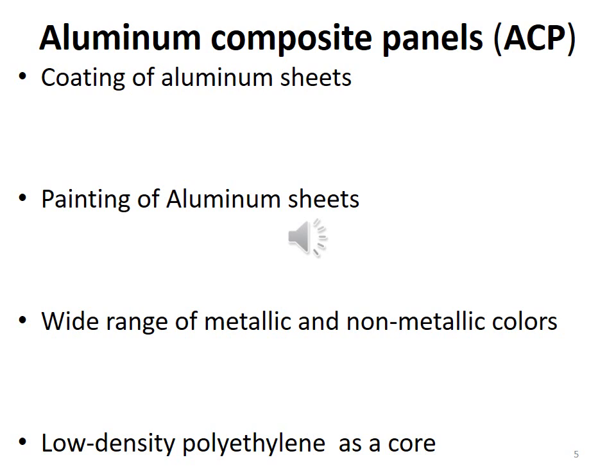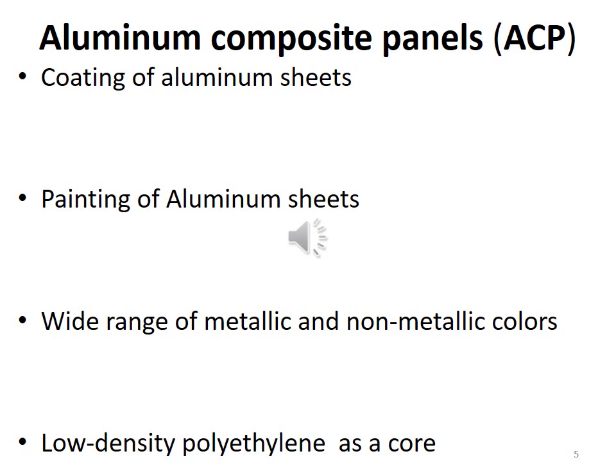Aluminum composite panels can be fabricated by joining aluminum sheets and keeping the core between these aluminum sheets. So when these three components, two aluminum sheets and core, are joined with adhesive material, aluminum composite panels are formed, and the aluminum sheets can be coated with different polymers or paint such as polyvinylidene fluoride or fluoropolymer resins or polyester paint.